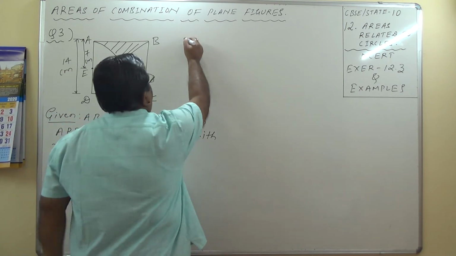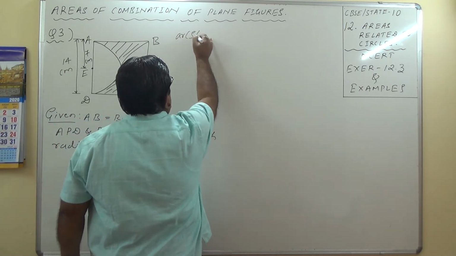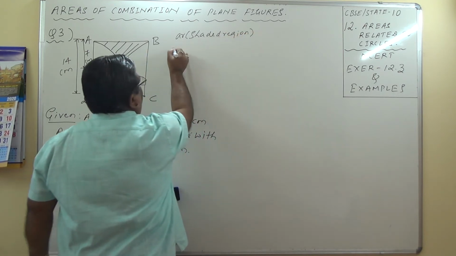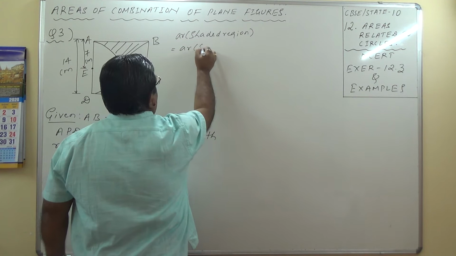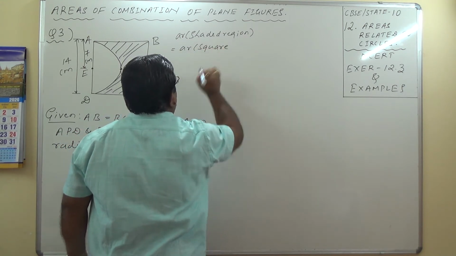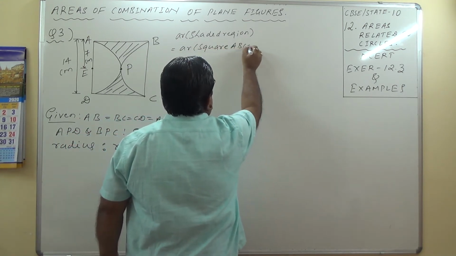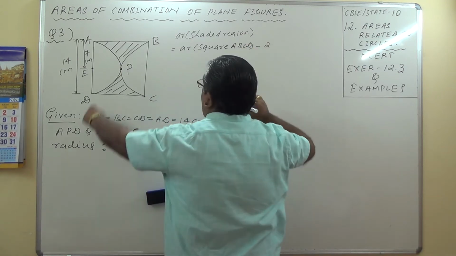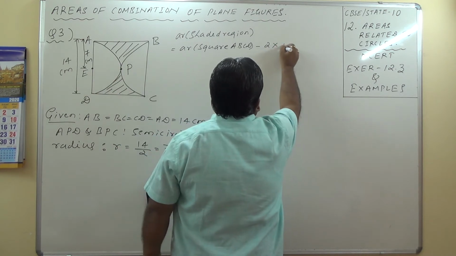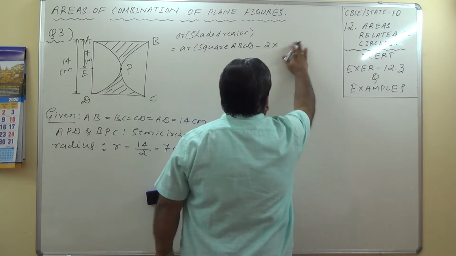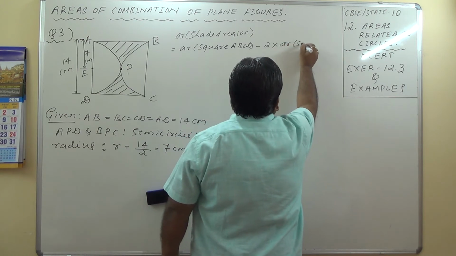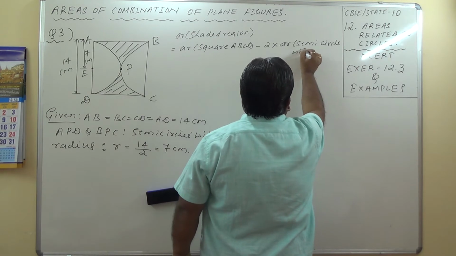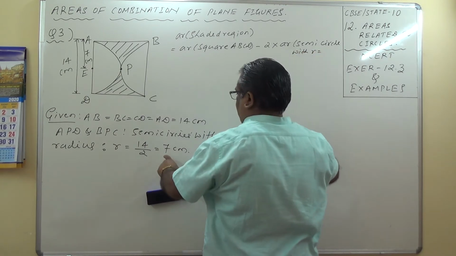So the area of the shaded region is equal to the area of square ABCD minus 2 times the area of a semicircle with r equals 7 centimeter.